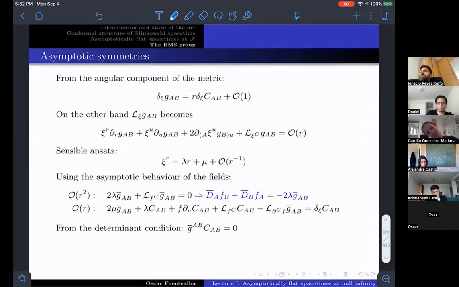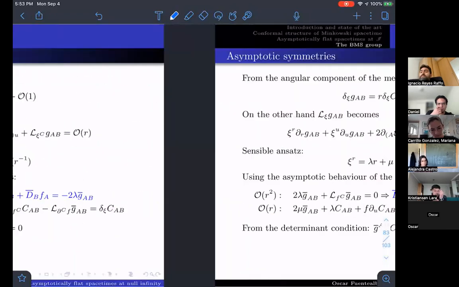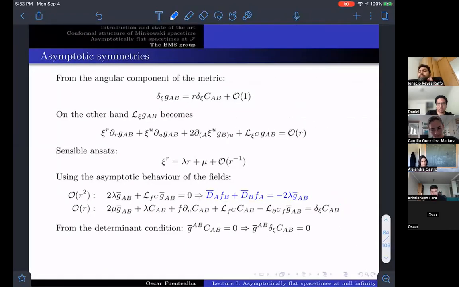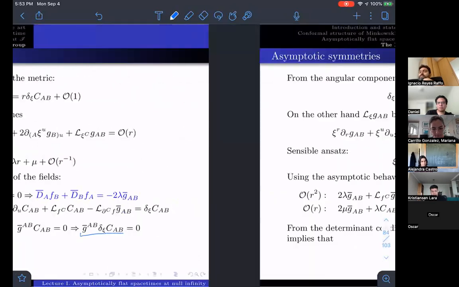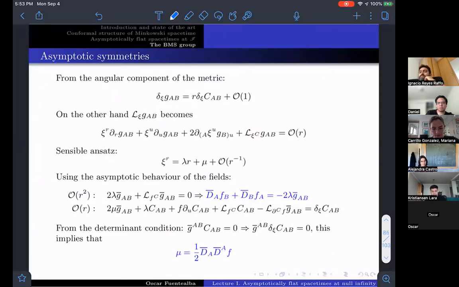But from the determinant condition, we knew that the trace of CAB must be equal to 0, and this means that if we take the trace of the variation, this must be equal to 0. And from there, it's really easy to see that mu must be given by this expression. This is because if we contract this equation by GAB, this is going to be 0, this is 0, and this is 0.